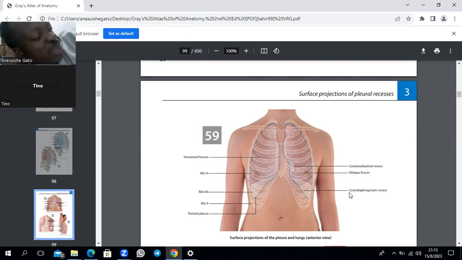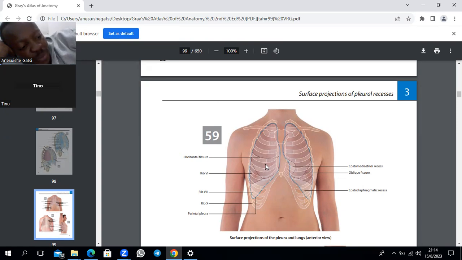Then sympathetic, we just say T1 to T4. And these are surface projections. I'll teach you surface anatomy of pleura together with surface anatomy of the lungs. It would be useless to talk about one and not talk about the other.